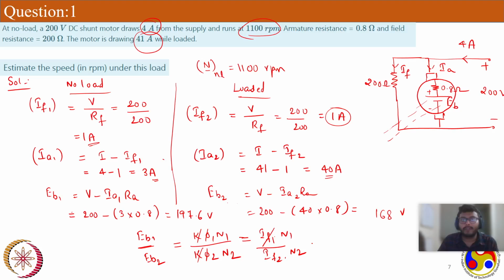The total input to the armature is VAIA. I need to subtract IA square RA, which gives the gross mechanical power, and I need to subtract rotational losses. So from the input power to the armature, I subtract armature losses and rotational losses to get the shaft power.